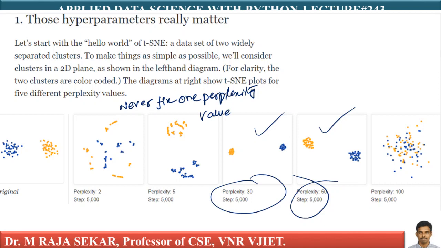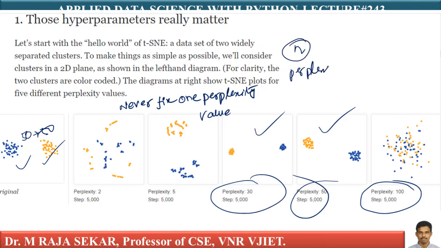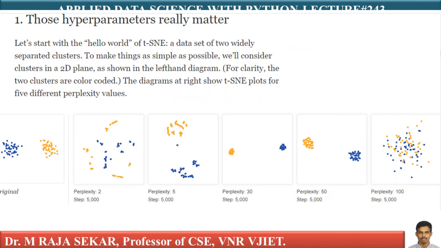When I make my perplexity equal to 100, what is 100? Total number of points. I have 50 plus 50. If n is the number of points in my original data set, if perplexity equals the total number of points, what happens? Let me repeat.